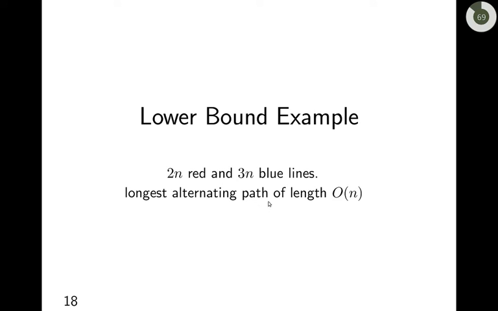So now let me go to the lower bound example. This is what we worked longest on, but it's actually what was in the end the simplest. So we show you 2 in red and 3 in blue lines, such that any alternating path has length at most O of n, with a small constant hidden in this O of n.